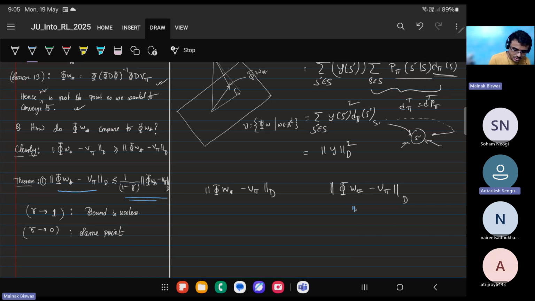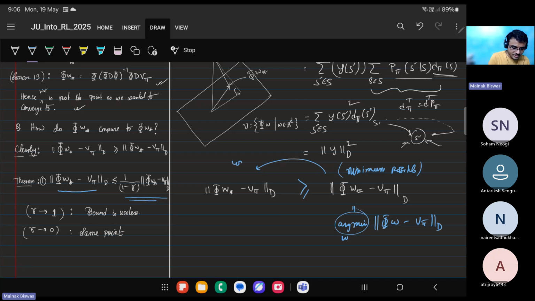W star was defined as the argmin, so there's no debate here. This is already the minimum possible. Anything other than that will be greater. This is trivial by definition.